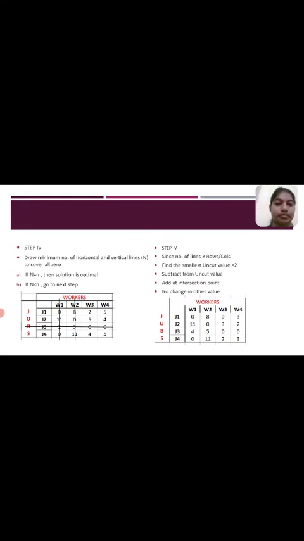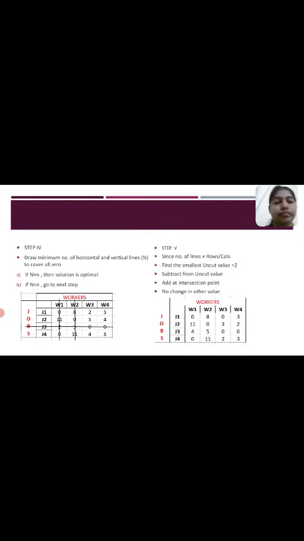Step 4. Draw the minimum number of horizontal and vertical lines to cover all 0s. If n is equal to n, then the solution is optimal. If n is greater than n, go to the next step.